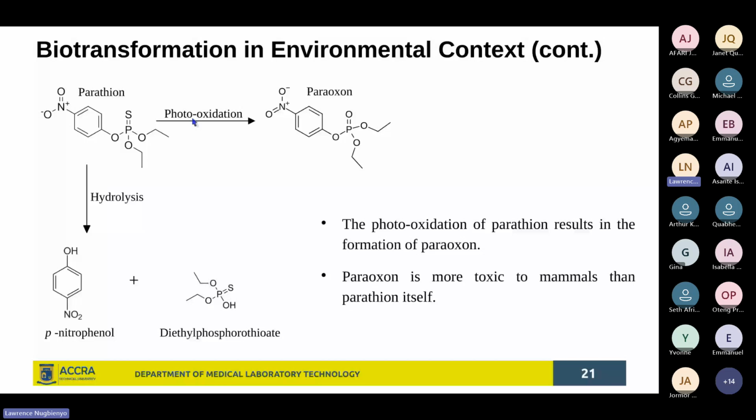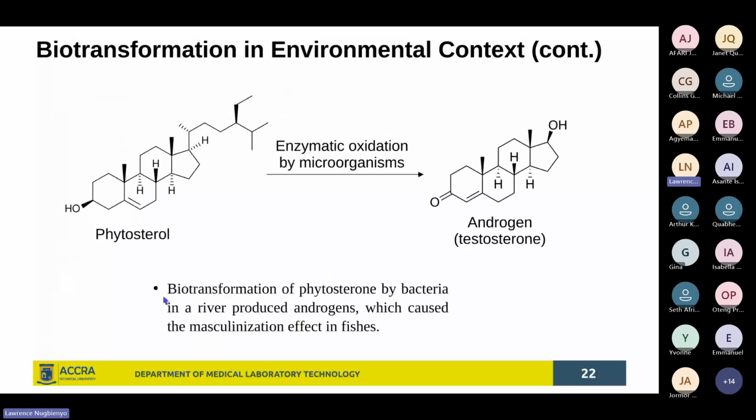Now here also, you can have the formation of some hormones. These are synthetic hormones, androgens, testosterone, that are formed from plant substances. This is a plant fat. Phytosterol comes from plants; actually, you have a lot of phytosterol in nuts.